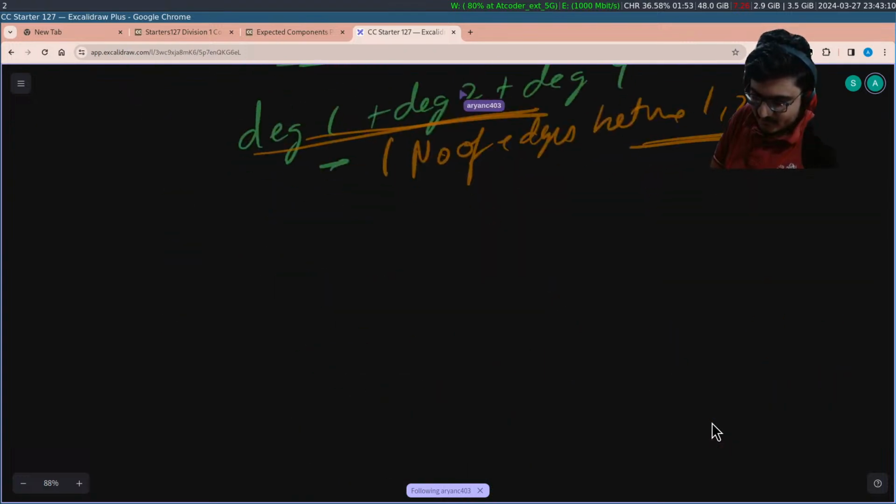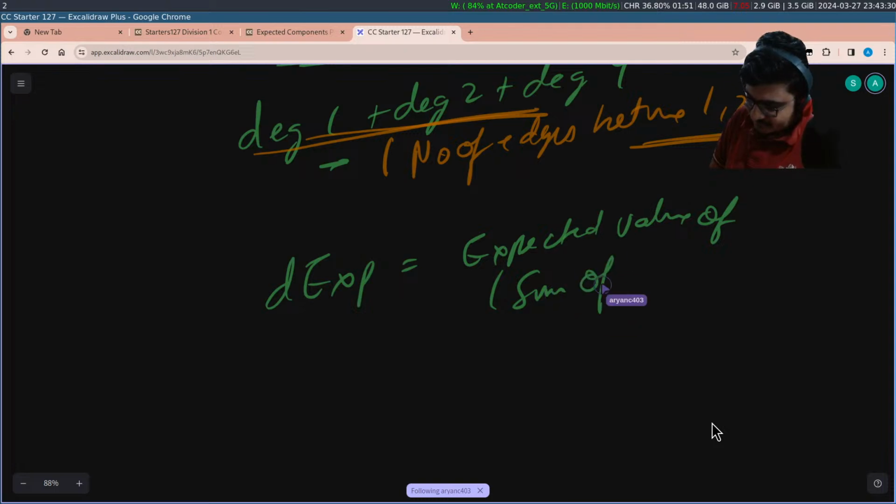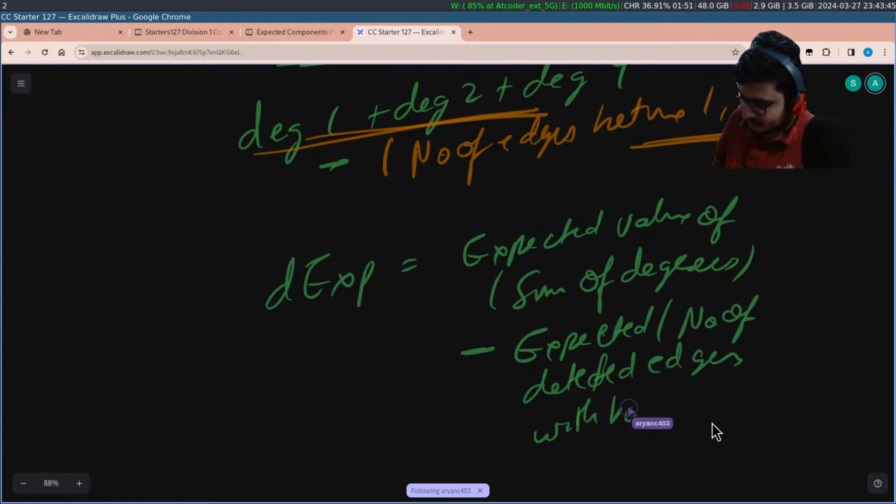So now when we are counting DEXP, we need the expected value of the sum of degrees minus the expected number of deleted edges with both endpoints in the selected set.